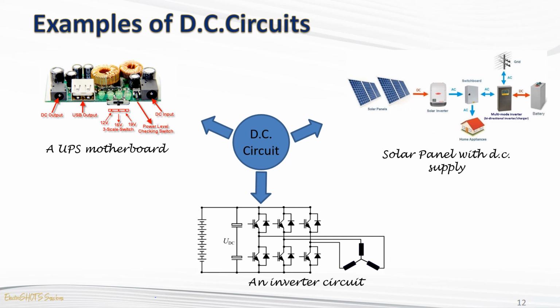There is a battery which remains charged from the regular supply, and in case there is a disruption, this battery acts as the source and supplies the electrical load of the house, which is AC. So the DC supply needs to be converted through a complex circuit arrangement. This is a DC circuit which employs BJTs, MOSFETs, or IGBTs. These are semiconductor devices. So these are some of the examples which have been spotted around us.